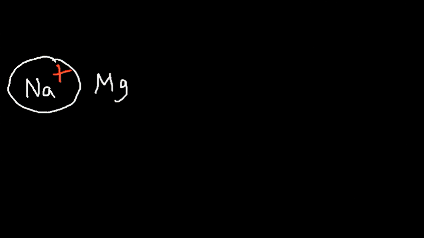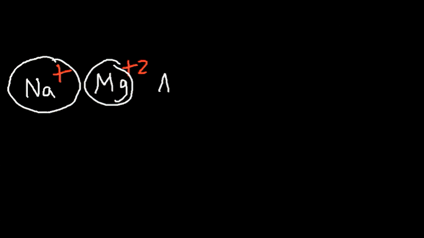Let's look at the elements of ions in a row. The sodium ion is bigger than the magnesium ion. Both of these 2 ions are isoelectronic. They have the same number of electrons, but because magnesium has more protons than sodium, magnesium is going to be smaller.